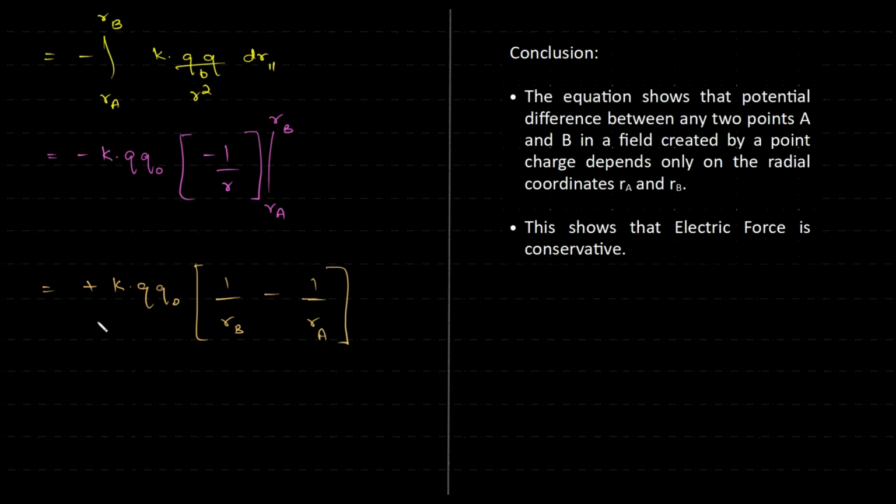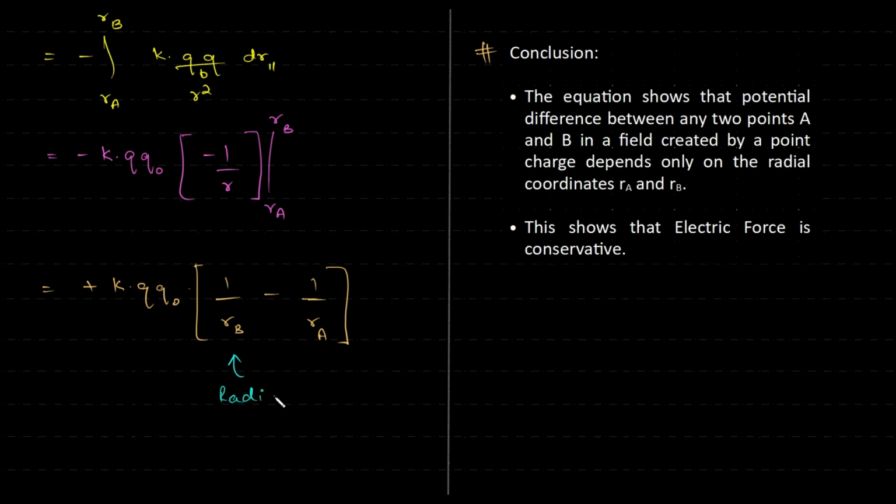So what is it telling? The work that we do depends on the constants Q and Q naught, that is the source charge and the test charge, and the final and the initial position. That's all. Is it not? So we can conclude that the equation shows that the potential difference between point A and B in a field, in this case electrical field, created by a point charge depends only on the radial component.